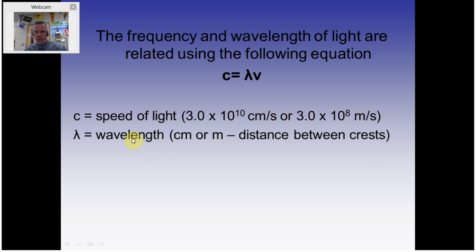And the wavelength, which we just talked about, is usually measured in centimeters or meters, but you can measure it in other units as well, nanometers, for example. That's the distance between crests. And then nu is the frequency, and we measure that in 1 per second, or hertz. The hertz is defined as 1 over seconds, and that's how many waves pass a given point in 1 second. So that's the measure of frequency.